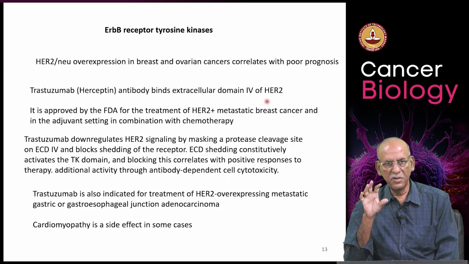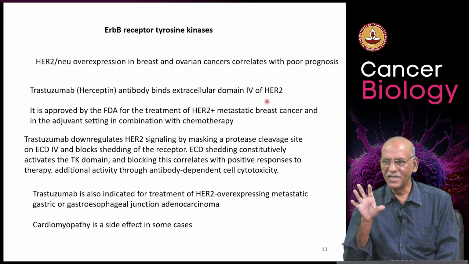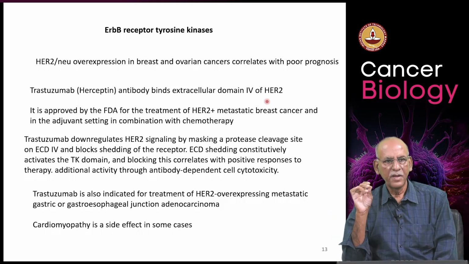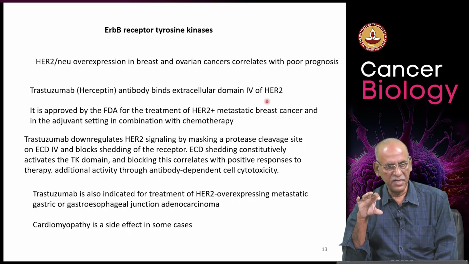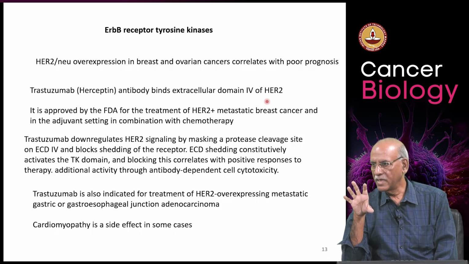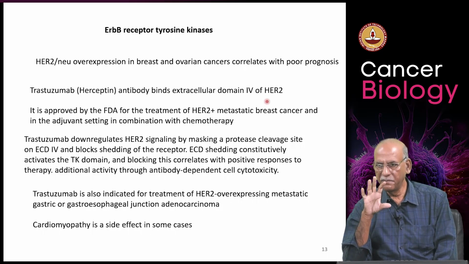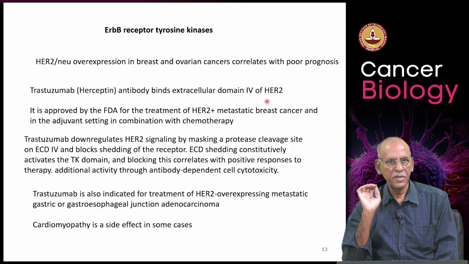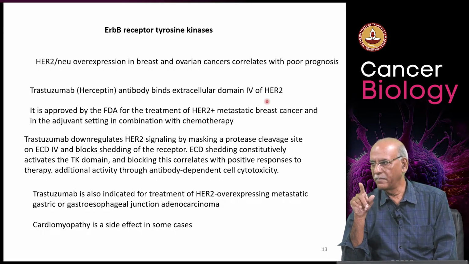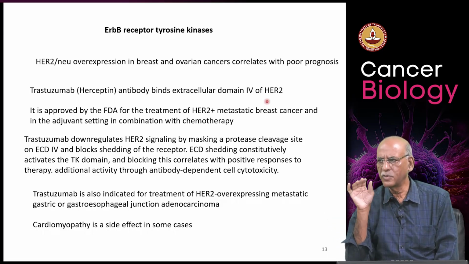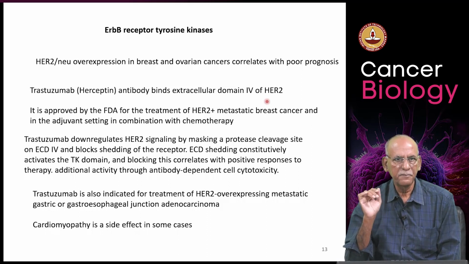Of course, this particular one does not have a ligand, but it will have an extracellular domain, transmembrane domain, an intracellular domain with tyrosine kinase activity, and a cytoplasmic tail where there are tyrosine residues to be phosphorylated. This is a typical structure of any receptor tyrosine kinase. So, here also, this antibody binds to the extracellular domain 4. There are several domains; the fourth domain is what it binds with.